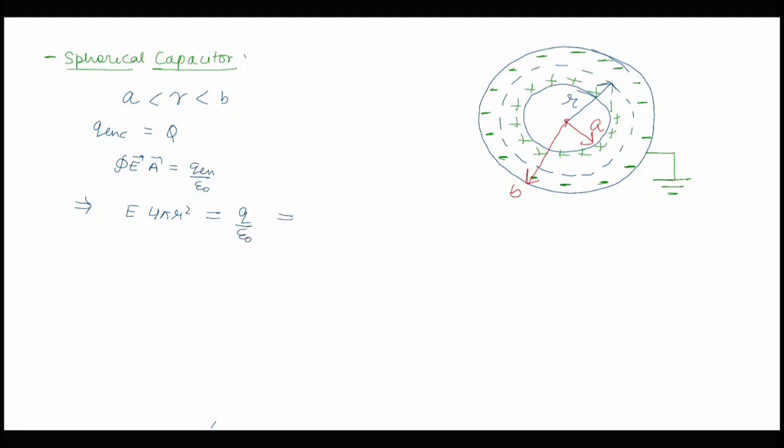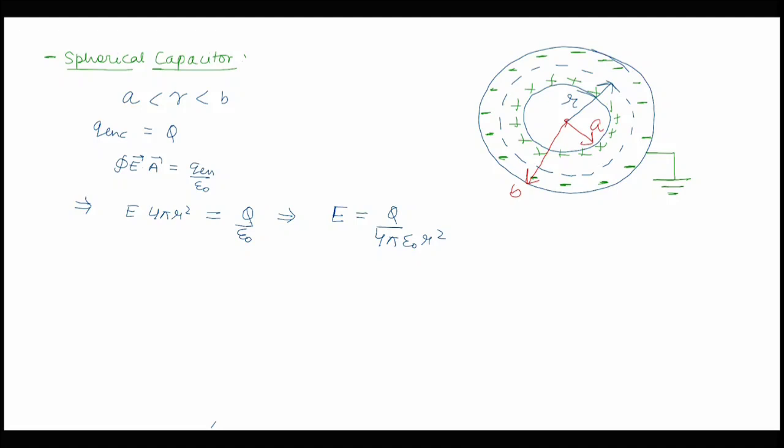So we obtain the value of electric field as Q upon 4 pi epsilon naught r square. Let us make this also capital Q. So this is the expression we have for the electric field in the space between the inner and the outer radii A and B.